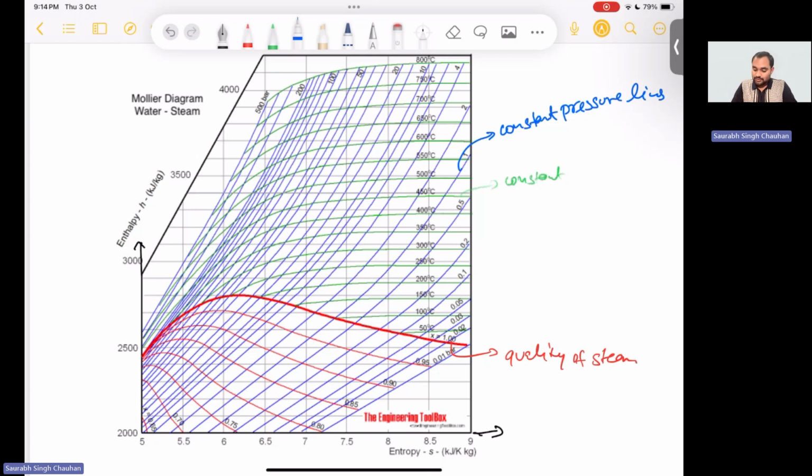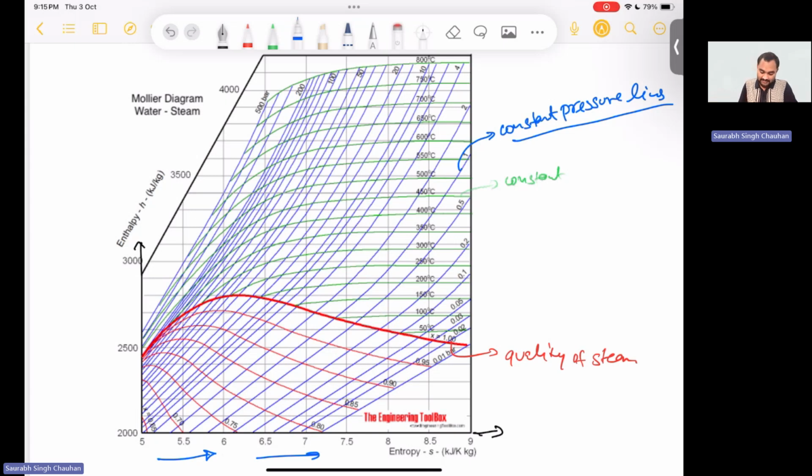So we have to focus on constant pressure lines. If you move from left to right, is the distance between two constant pressure lines increasing or decreasing? If you see very carefully, you can tell that it is increasing. So constant pressure lines are diverging.